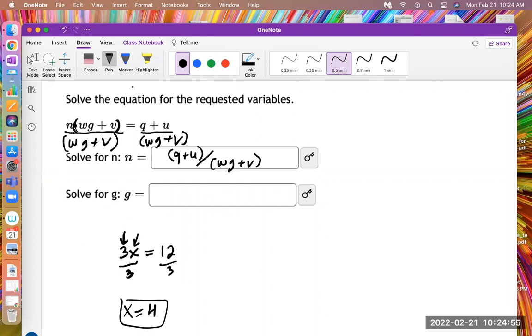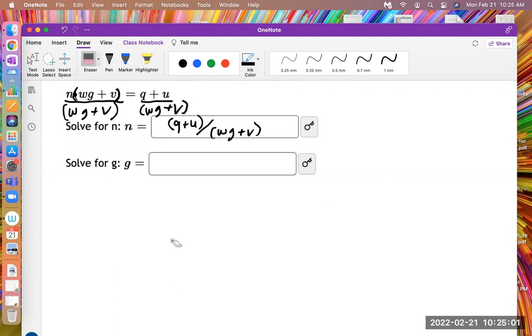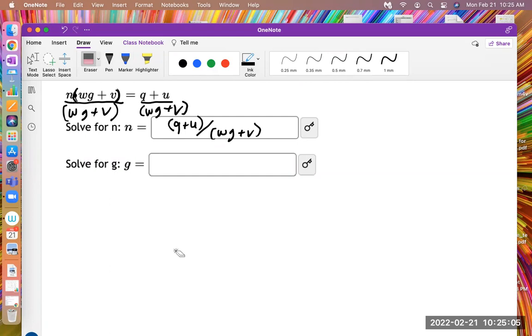Okay. Second part is a little bit more difficult. They want us to solve for G. So this is our original expression.